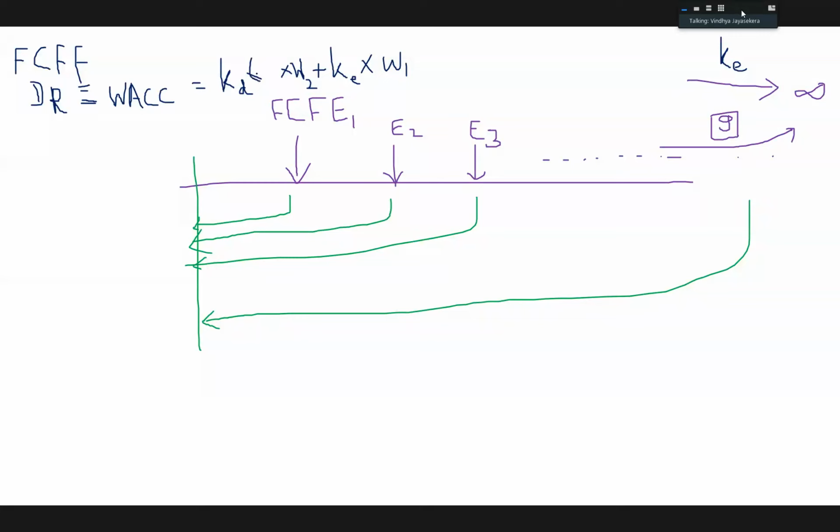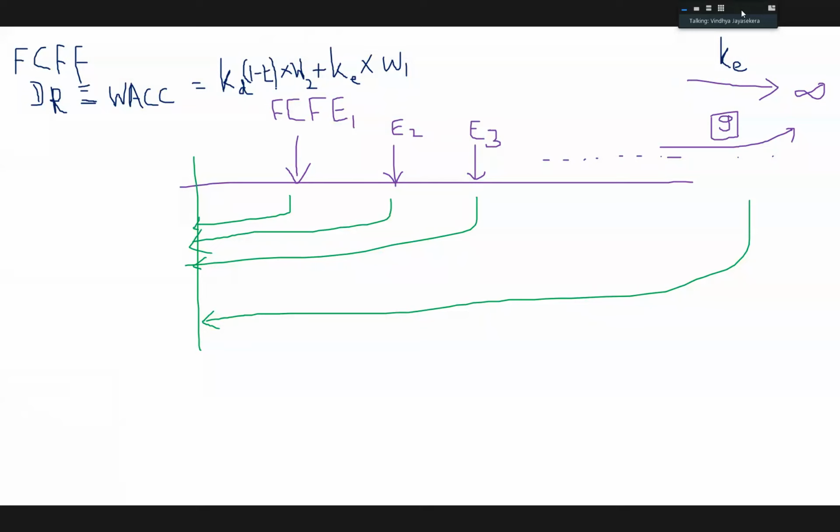And debt should be the after-tax cost of debt, not pre-tax. Sorry, the reason is that there is a tax shield on debt, because when you take debt, you can claim a certain amount of taxes against your interest cost.